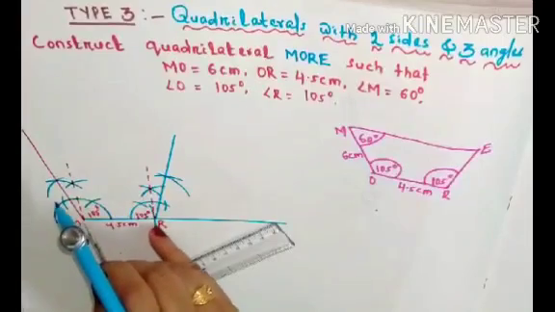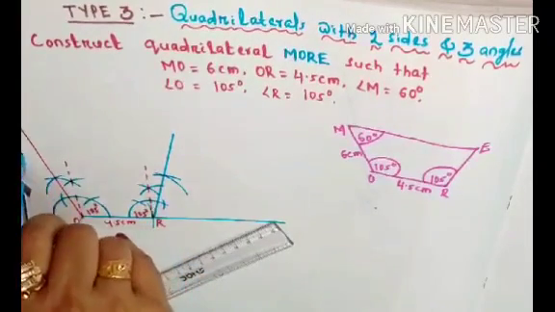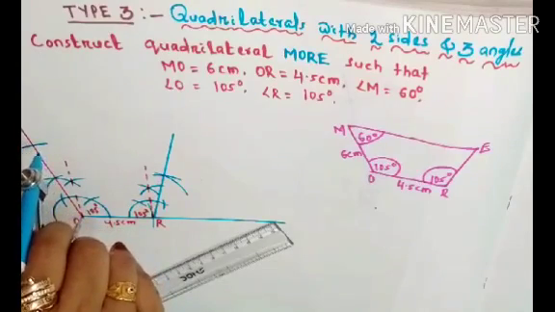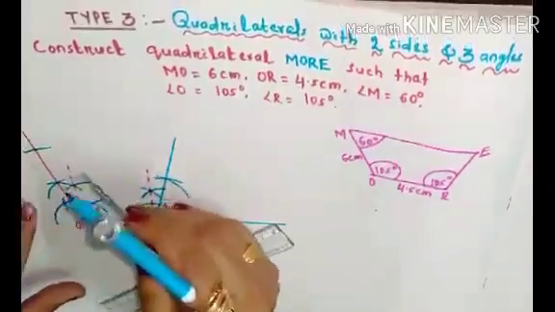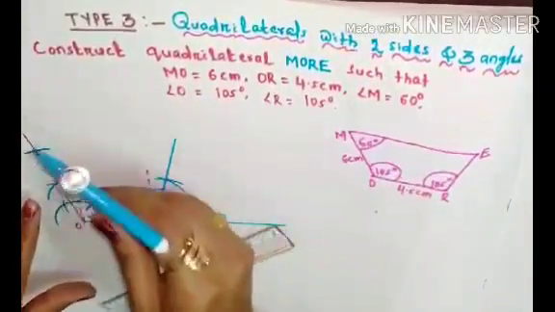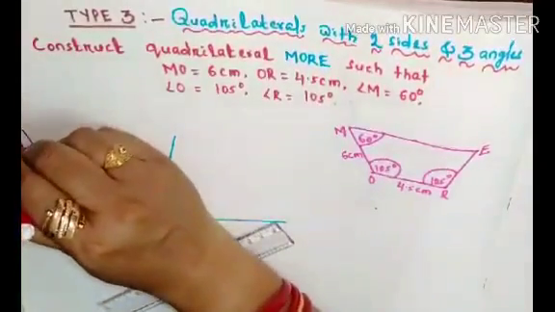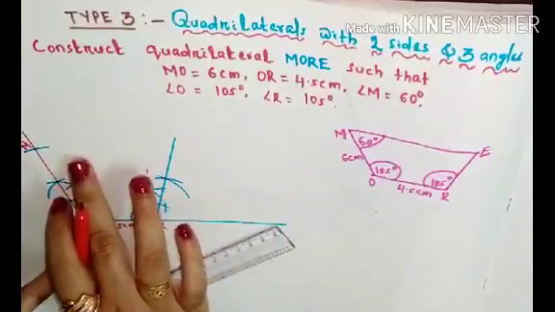So take your compass at O, then draw an arc at any point of this line at a distance of 6 centimeter. So wherever you draw the arc, that point is your M point. So name this point as point M.